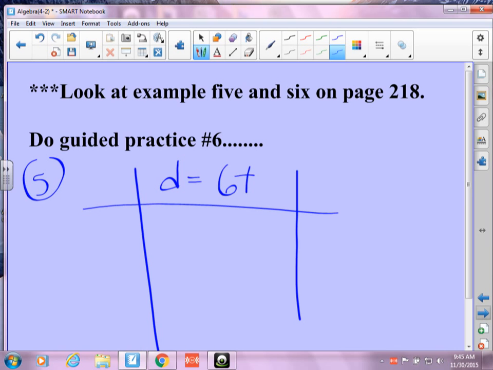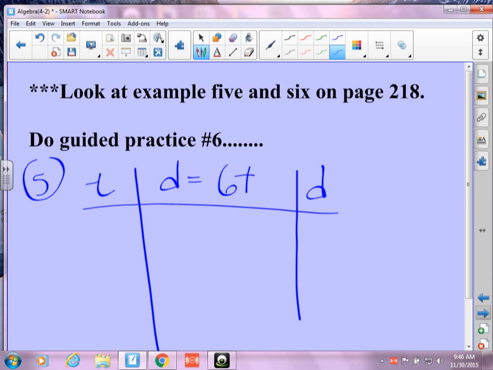Okay? What would be my input, d or t? It's t. It's the number you put in, and d is the output. Okay? Alright. Now it says that the runner plans to go for a 1.5-hour run. Okay?